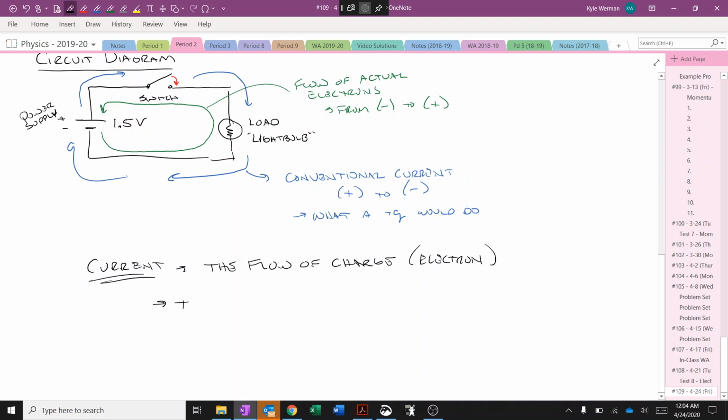It's the amount of charge that passes through a point in the wire over a period of time.